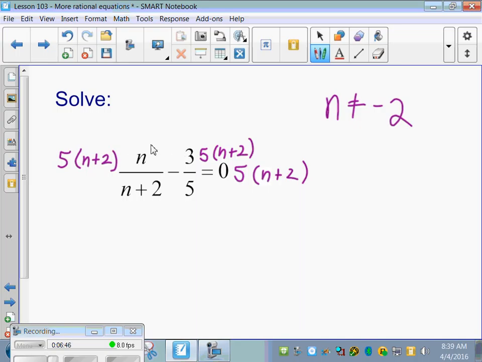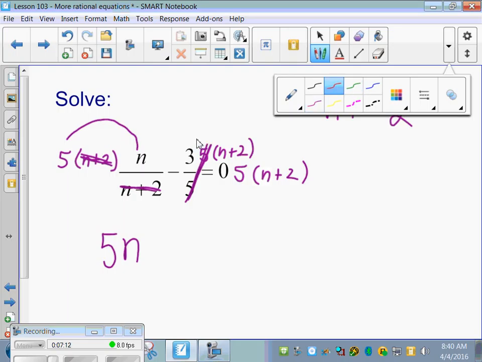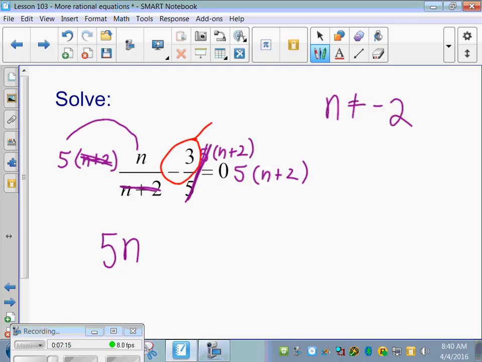And then we're going to start canceling stuff. So, Ben, what cancels when I multiply this first thing together? N plus 2, n plus 2. So what we have left is 5n. Okay. And Nico, what cancels in this second fraction? Okay. Pay extra close attention here. This is where the most errors happen. I have a negative 3 right here that is distributing to the n and the 2.